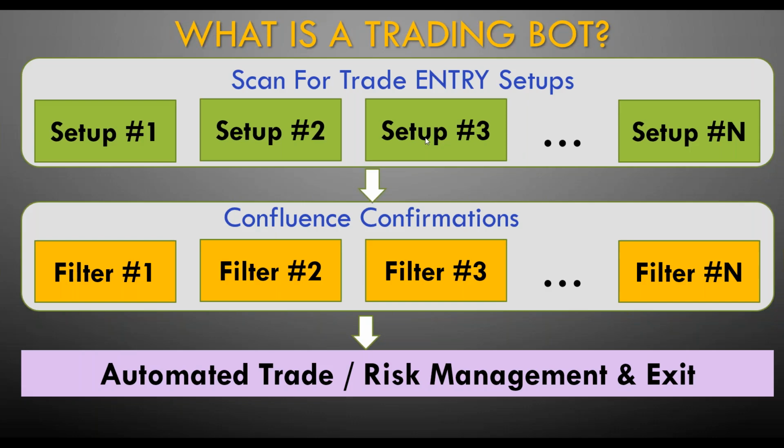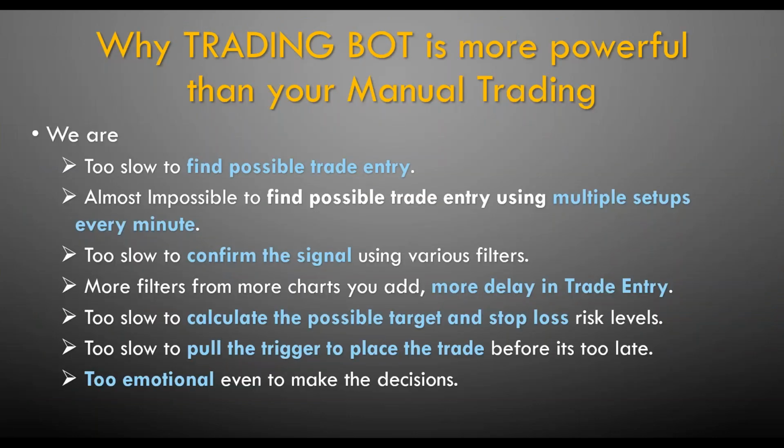If I lose two trades, or if I lose this much dollar amount, stop any new trades. I don't want to take any more trades. I'm done for the day. Or in the context where the trade is working well and you want to continue, you can continue. Everything can be automated.